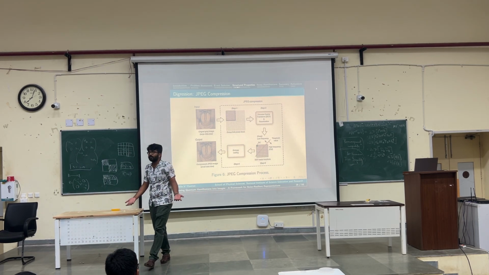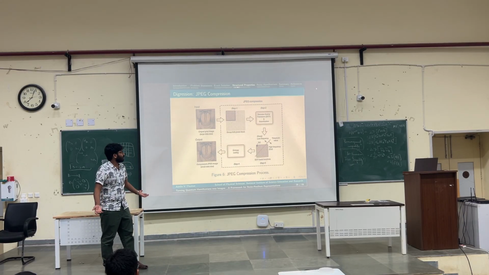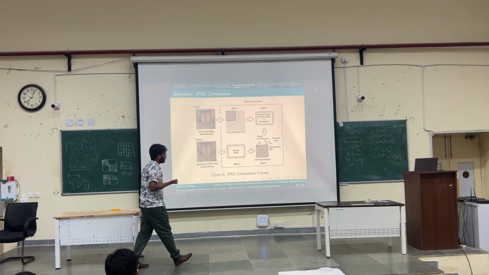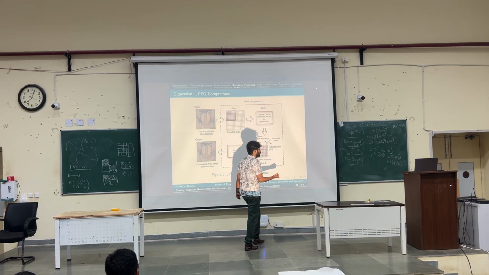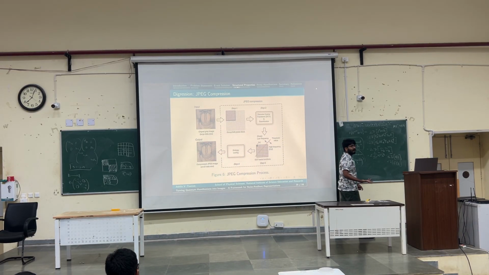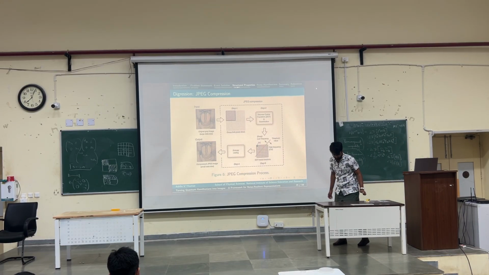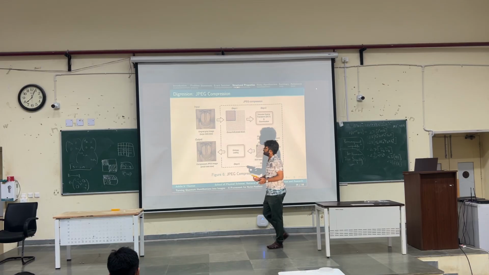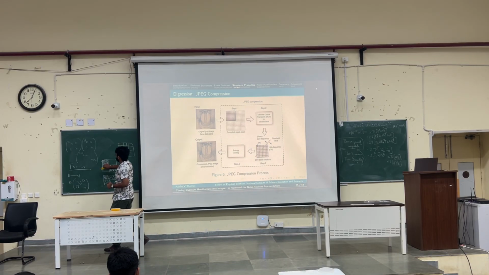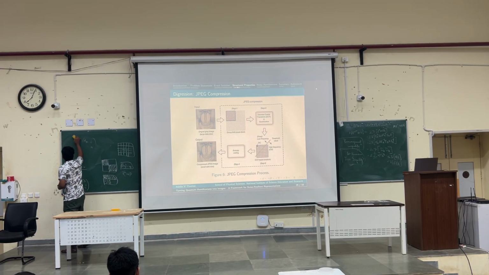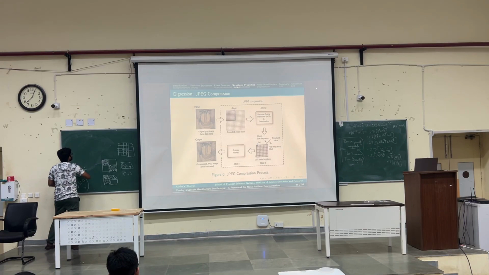But the size of the image goes down considerably. That's what we saw in the previous slide. Now the question is, why am I talking about this? What does JPEG compression have to do with quantum Hamiltonians? So what was our unitary transformation?